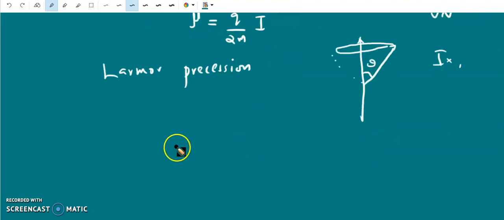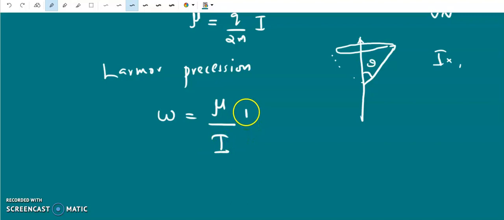In the first module, we found that the Larmor frequency omega is equal to mu divided by I into B. So the ratio of magnetic moment to angular momentum multiplied by B gives the Larmor angular frequency omega.